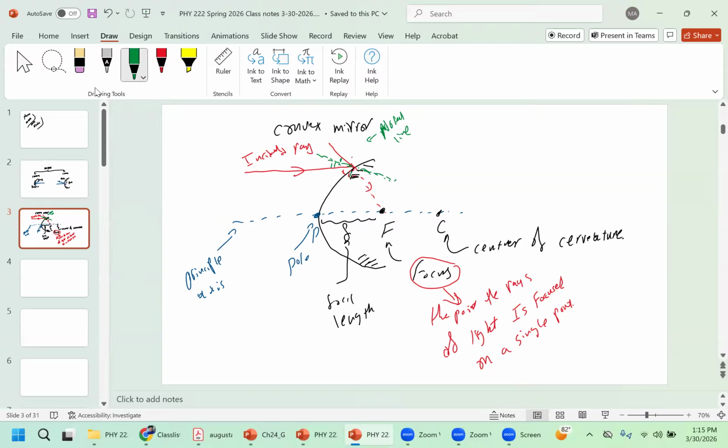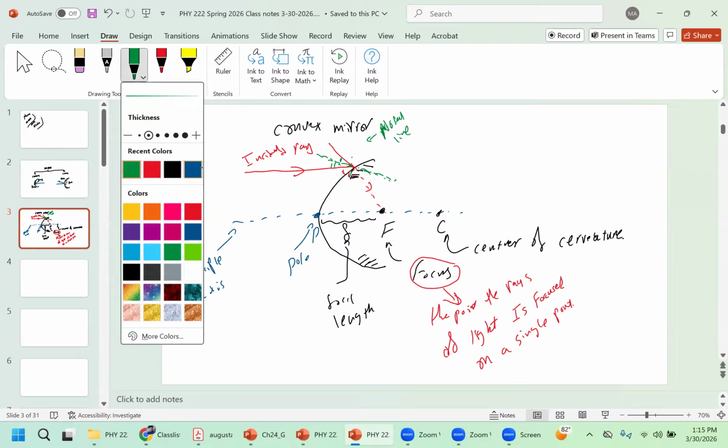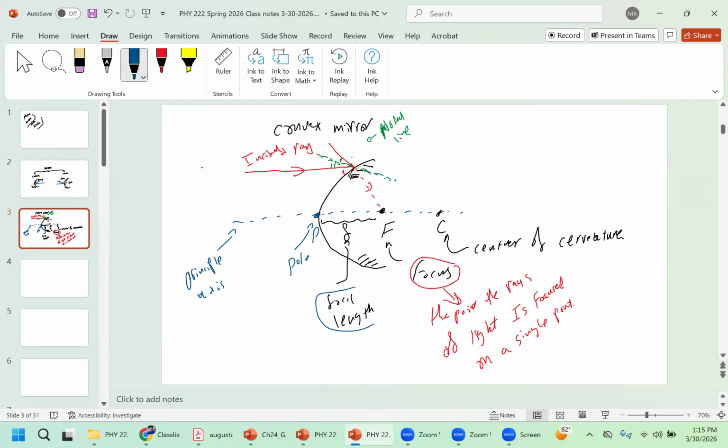And when we talked about the focal length, it's the distance from the pole to the focus. Everybody with me so far?